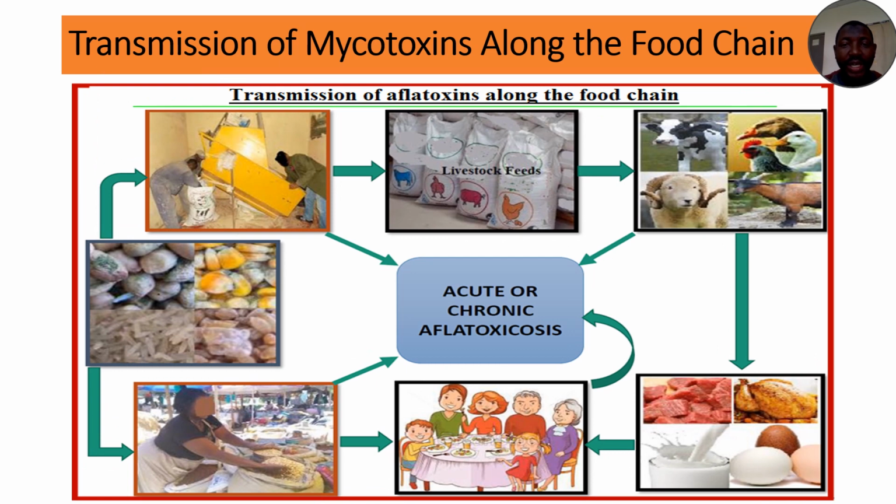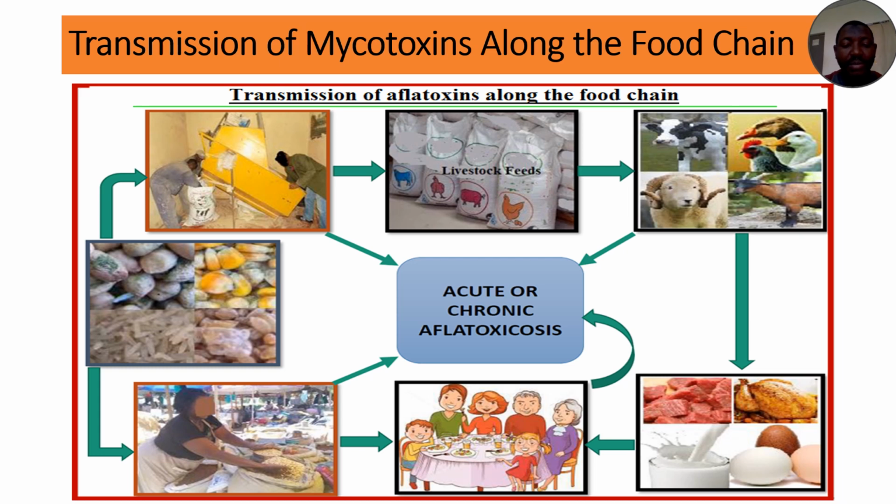Now, having said that, let us look at the common pathway in which mycotoxins are transmitted along the food chain to reach human beings. This one is a pathway of aflatoxin transmission along the food chain. If we look at it, it all started from the contaminated foods.